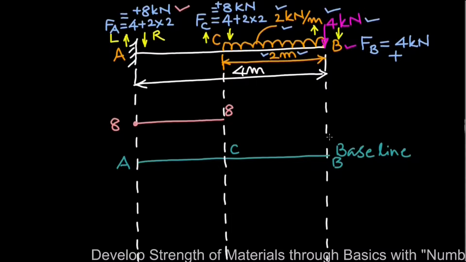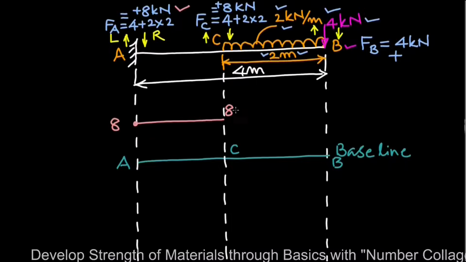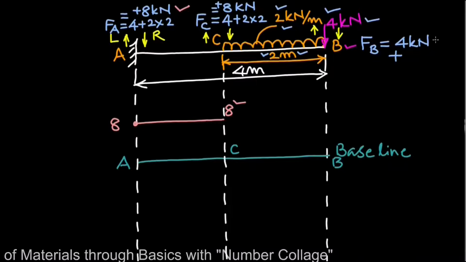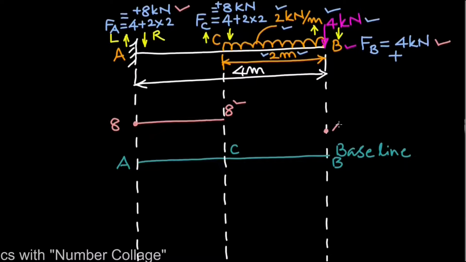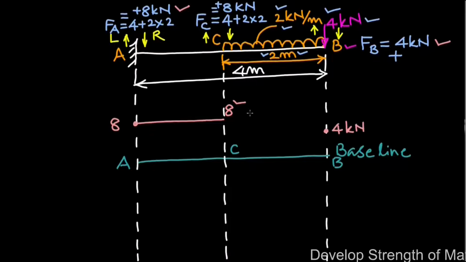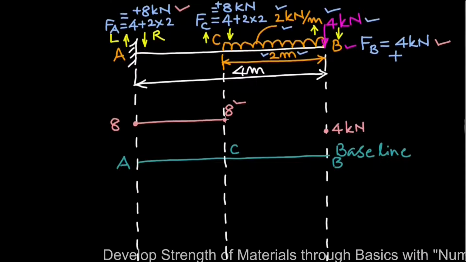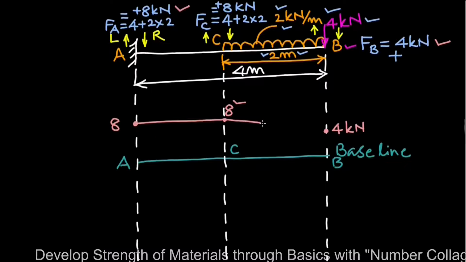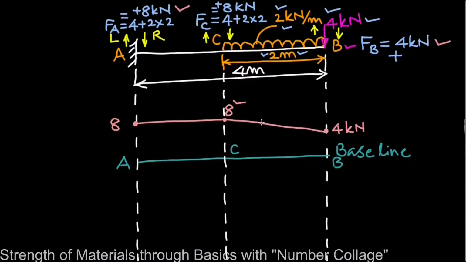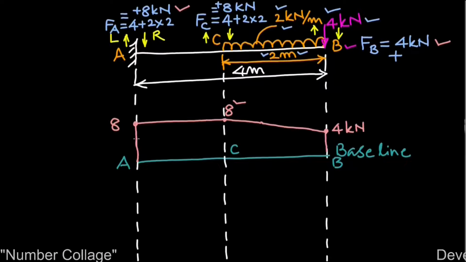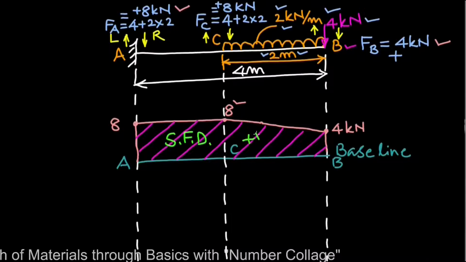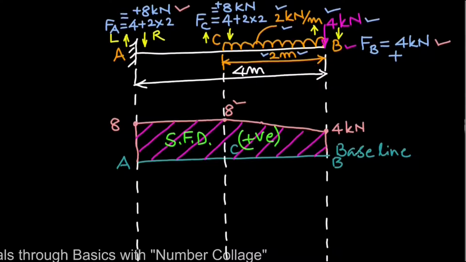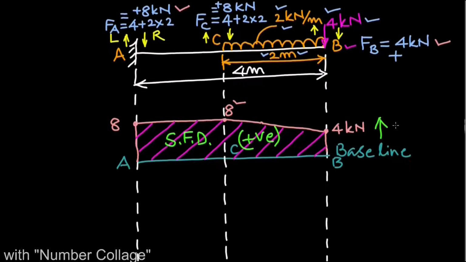Now the shear force gradually reduces from 8 kilonewton to FB, which is 4 kilonewton. So we mark this 4 kilonewton here. So the shear force curve will join this 8 kilonewton at point C to this 4 kilonewton at point B. So this will be the shear force diagram, which is positive in nature, hence it is plotted above the baseline.